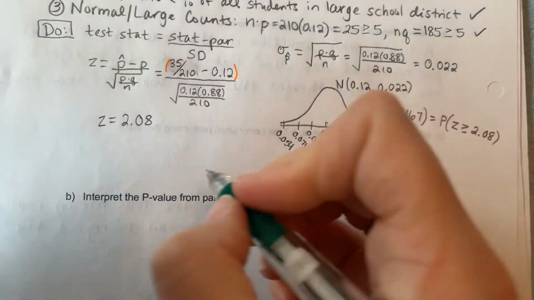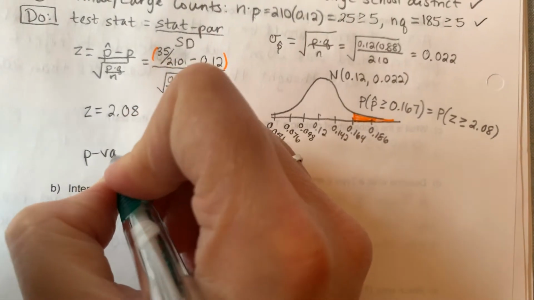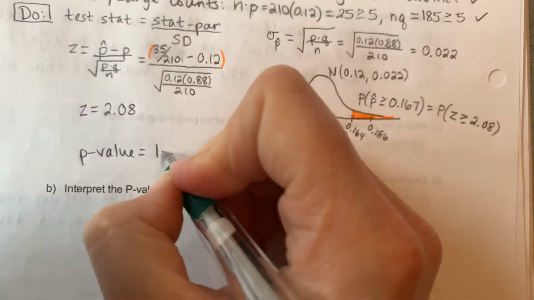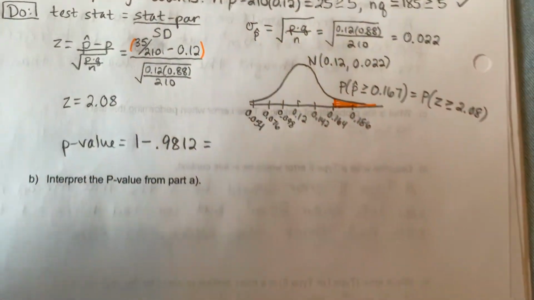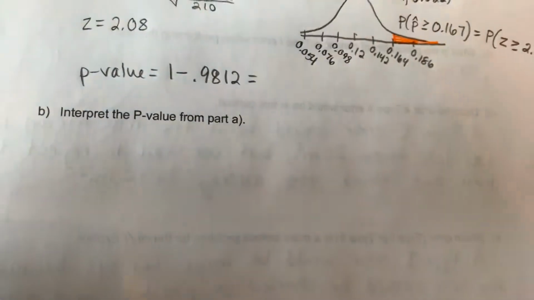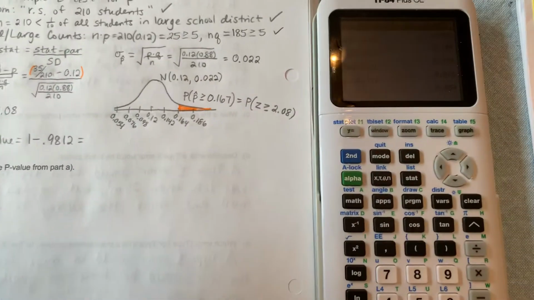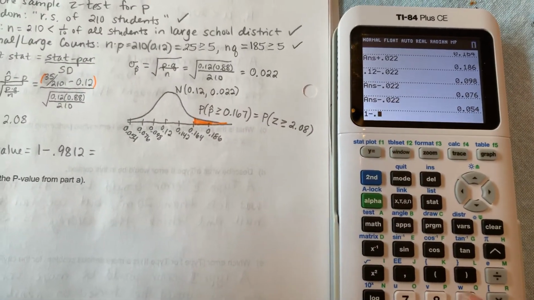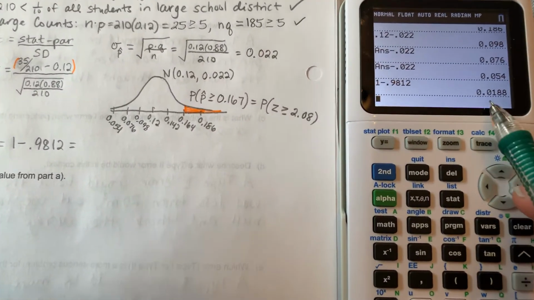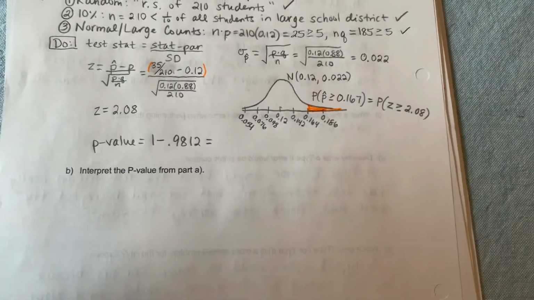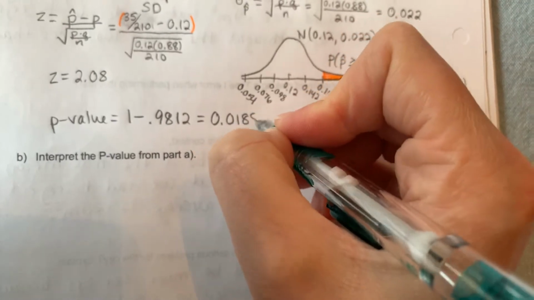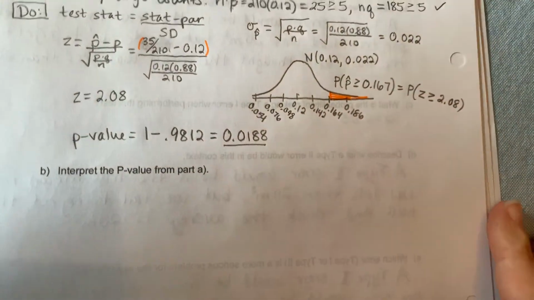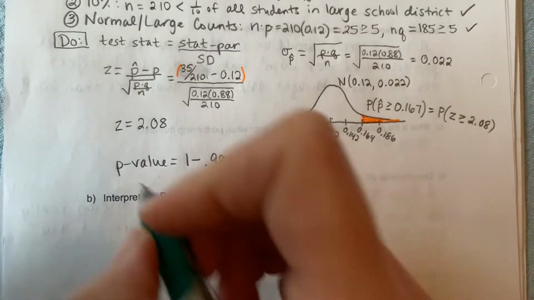We want a right area. So to find our p-value, we take 1 minus 0.9812, which is 0.0188. That is our p-value.